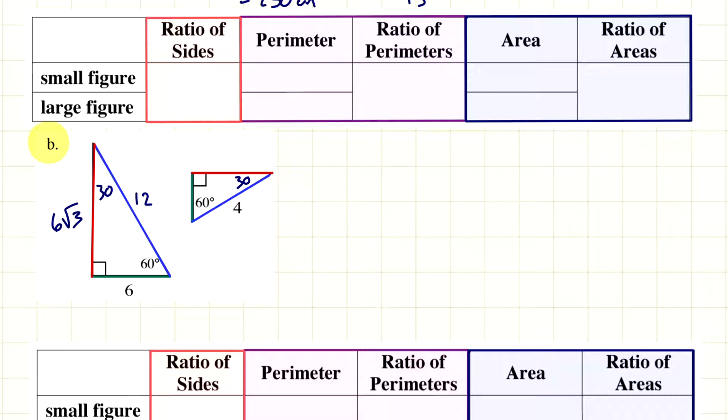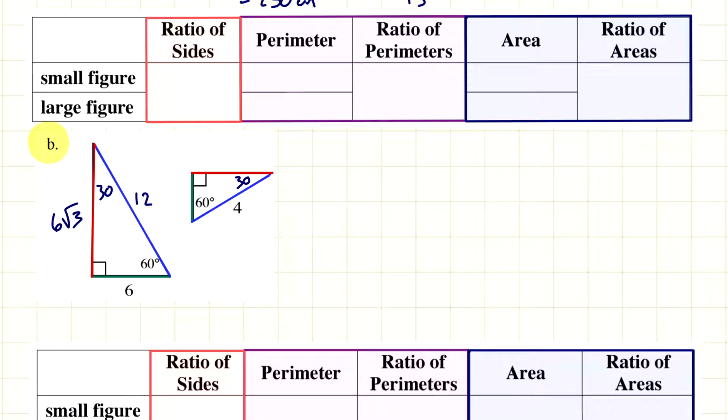If I use the same logic on the smaller triangle, I know the hypotenuse is given to us here. It's 4. Question to you, what does the short leg equal? Keep in mind this picture has been rotated, so don't assume everything's in the same position.